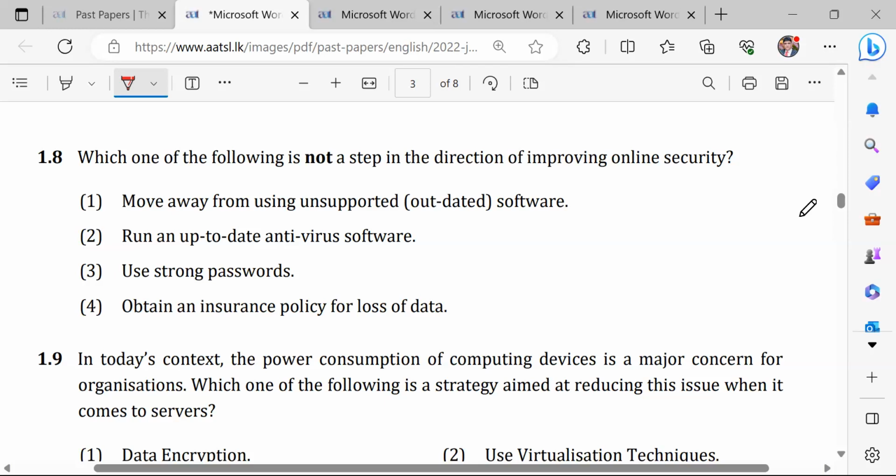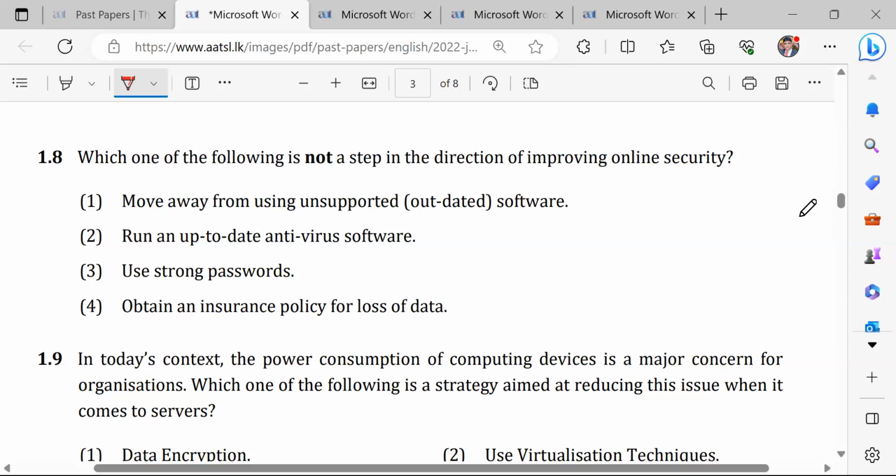Run an up-to-date antivirus program, and yes, that is definitely what we have to do. And use a strong password. A strong password means people can't guess what the password is. If you are using your pet name, your relative's name, or your birth year, those are not strong passwords.